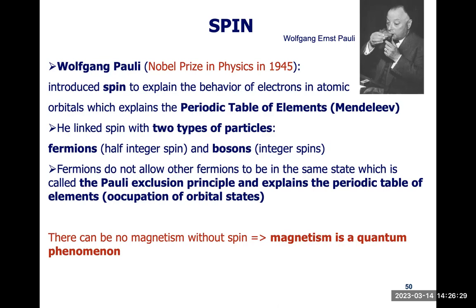What that means is that these electrons do not allow another electron to occupy the same state. But the state means energy, angular momentum, and spin. So spin gives you, for example, the lowest energy state for hydrogen, which is 1s. There are two electrons in 1s, one has spin up and the other spin down. Okay, so there is no magnetism without spin, I mentioned. There is no Mendeleev's table of elements without spin.